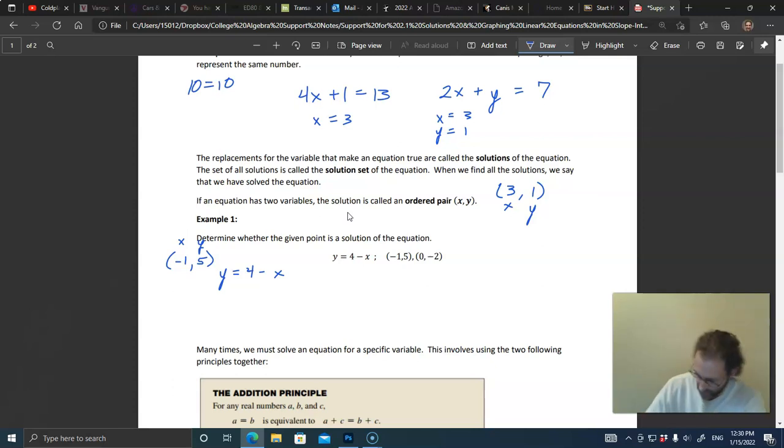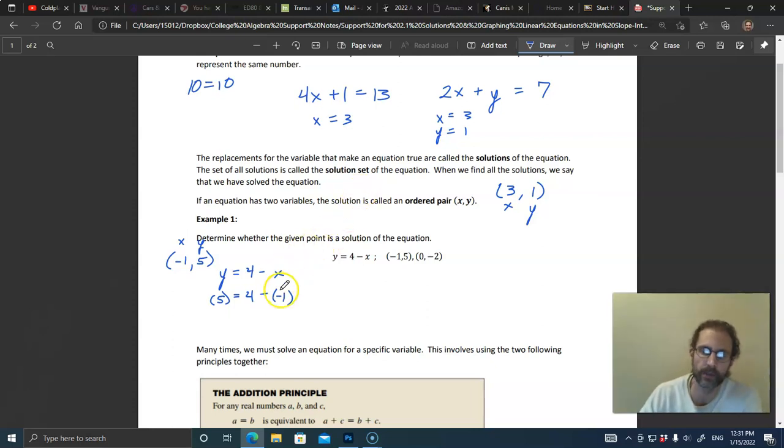This is where you need to be careful. I would say that anytime you're substituting numbers into variables, always encapsulate those numbers with parentheses. So when I rewrite this, I'm going to plug the 5 in for the y. The minus sign is part of the equation, and I'll plug in the -1 for x.